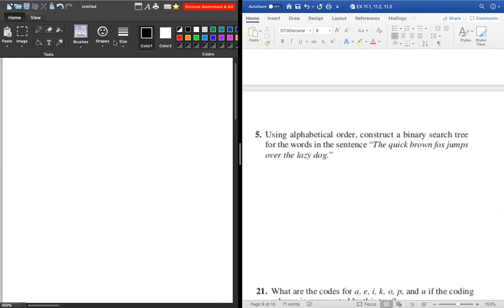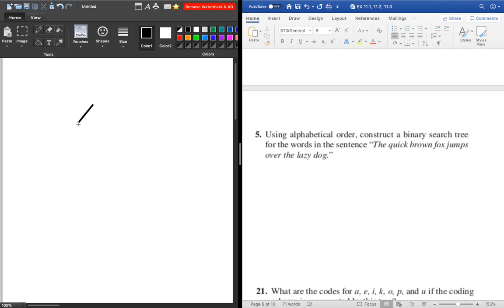Now Q comes before T, right? So we will take this path. So this node will be the, and this node will be quick.